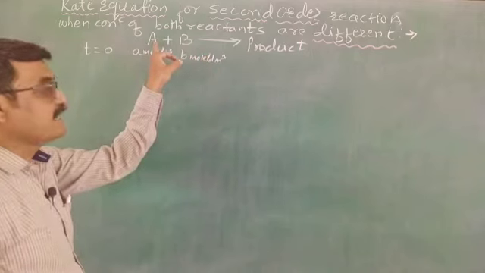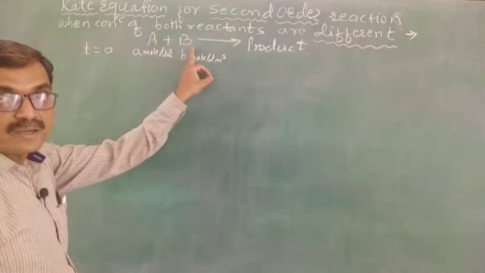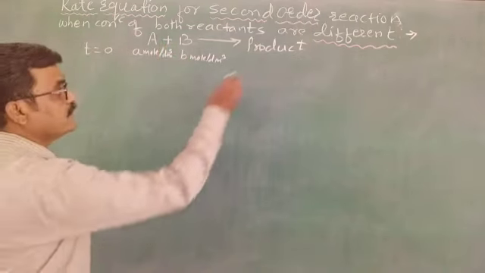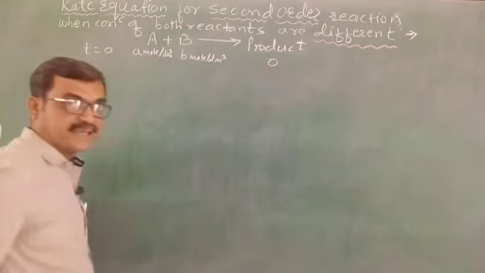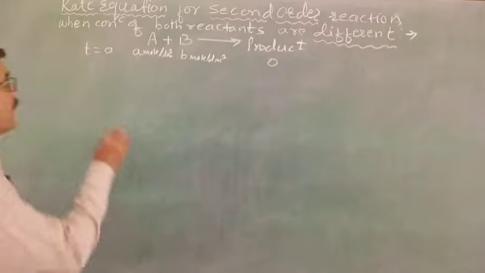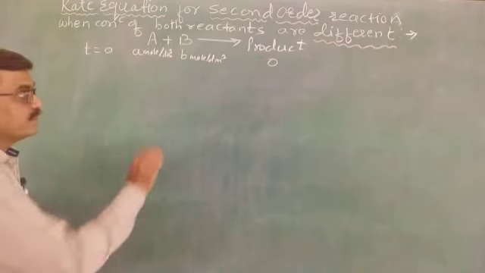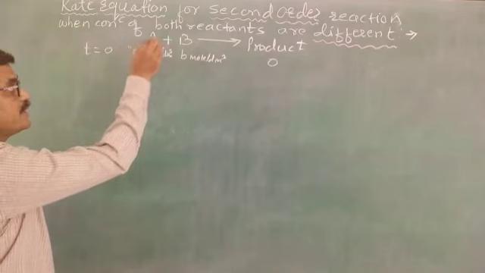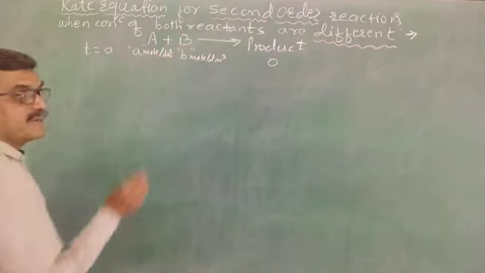That's why the rate equation depends upon the concentration of both of the reactants. Initially the product is not present. The reaction starts with different initial concentrations, a moles per dm cube and b moles per dm cube.